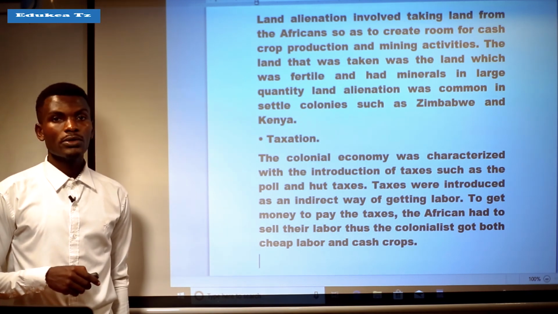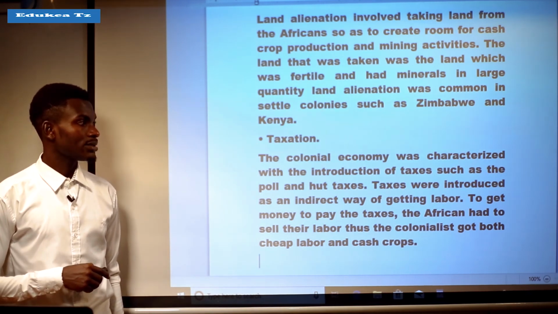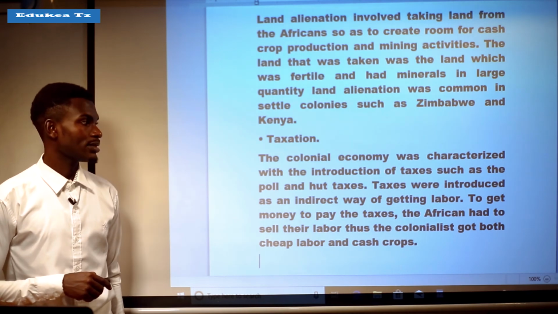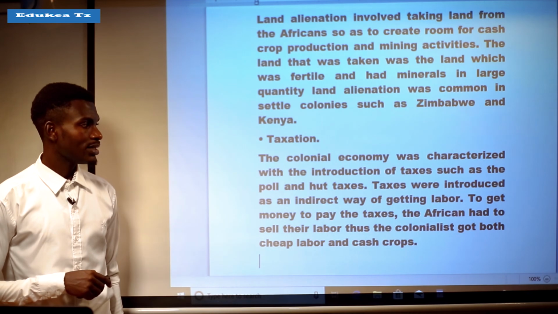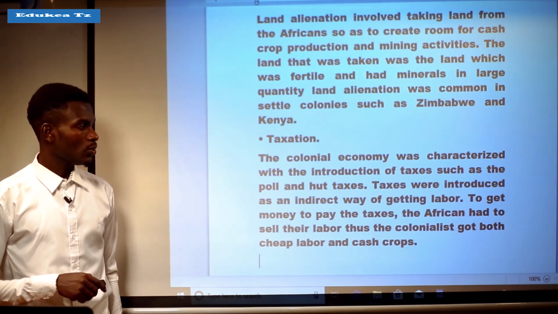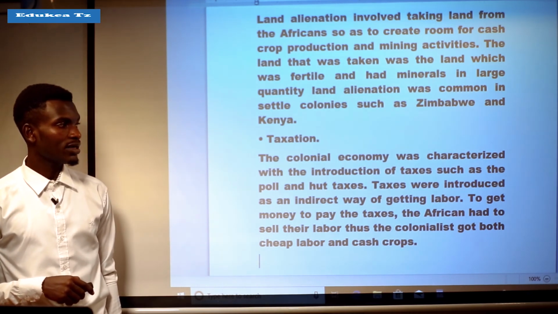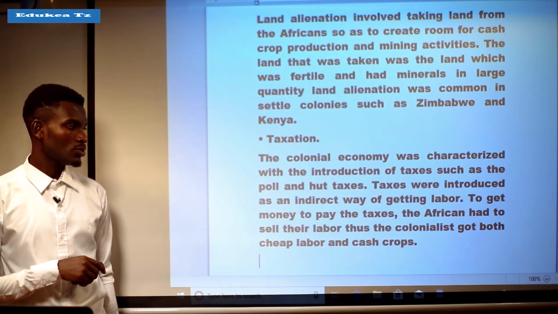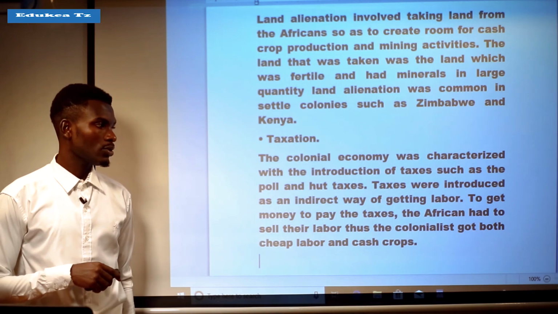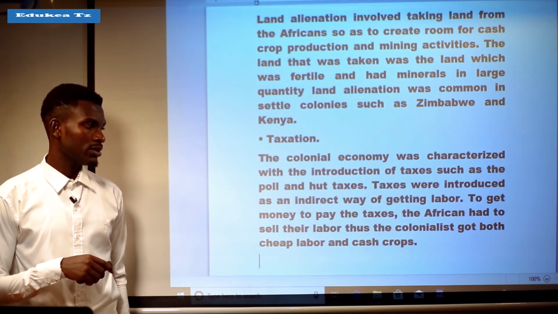The colonial economy was characterized by the introduction of taxes, such as the poll and hut taxes in Kenya, which were an indirect way of getting labor. To get money to pay the taxes, the Africans had to sell their labor, thus the colonialists got both cheap labor and the cash crops.